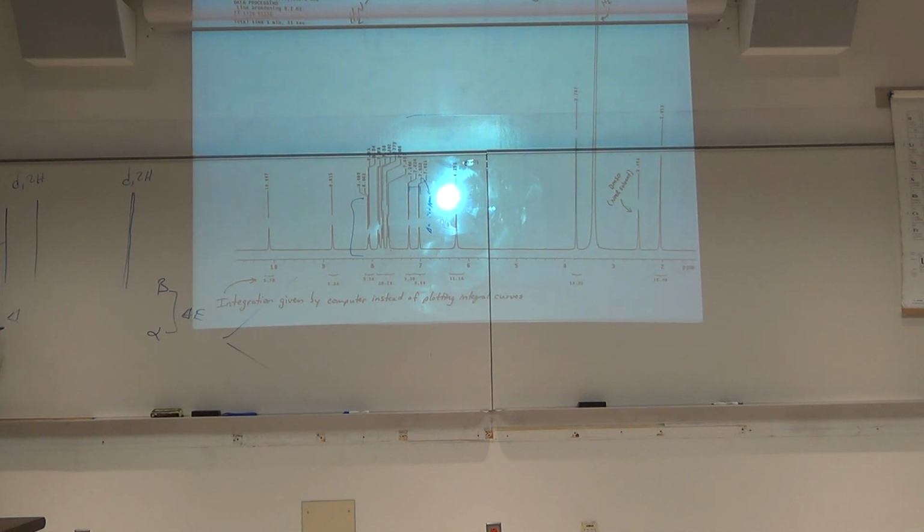Okay? Now delta E corresponds to energy, which corresponds to the frequency that's needed to match the resonance. So this here you need lower energy light, or what is that? Lower frequency? Yeah. Here you need higher frequency.